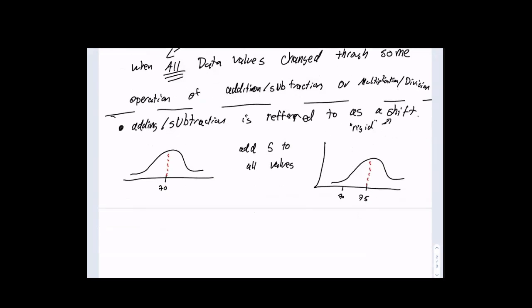Because it's a shift, what happens to the mean and the median? Shifts result in changes for the mean and median.